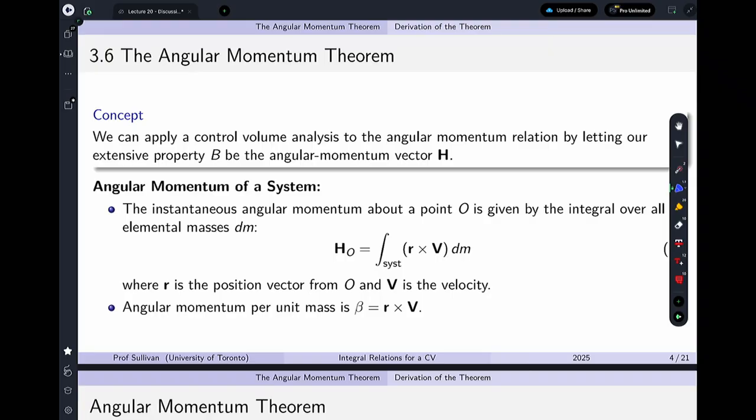So you continue to focus on control volumes, and now we're going to start to look at the angular momentum vector h. And h is just going to be r cross v, and typically with something like this, we have a fluid coming in and a fluid rotating around, and there's a vector associated with it, and we'll have some sort of m dot v, and r is going to be defined like this.